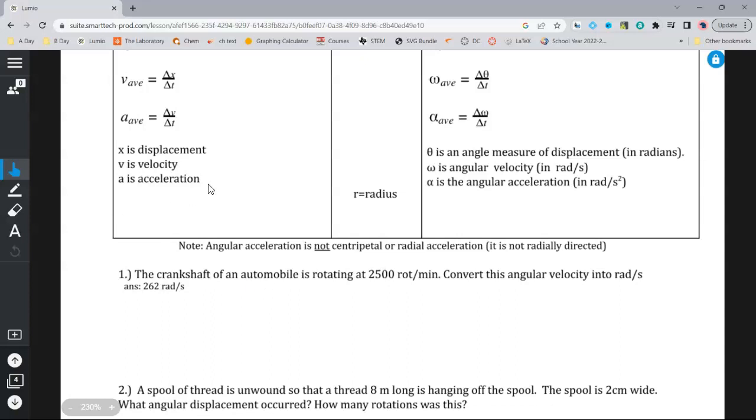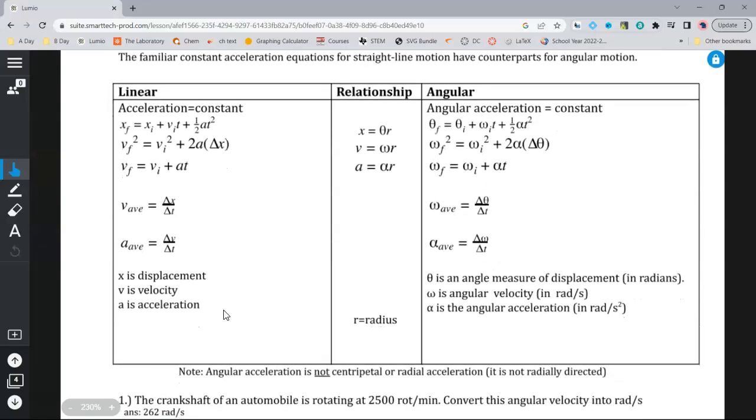Okay, so where we left off, we were looking at these connections between linear and angular kinematics. I want to show just one brief thing real quick. We say that v is equal to r omega.